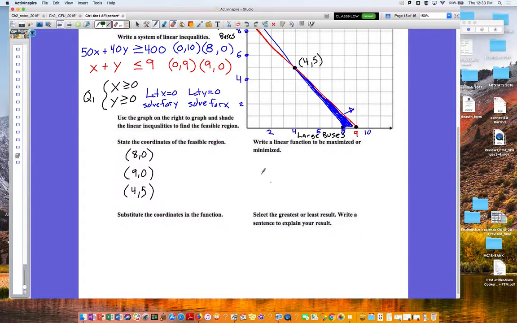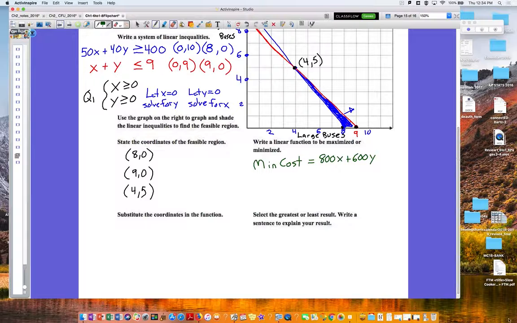So I'm trying to minimize my cost, or sometimes you could have put the letter C here. So minimizing my cost, well, it's $800 for every X, for every large bus, and $600 for every small bus.